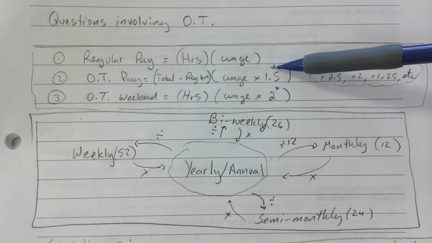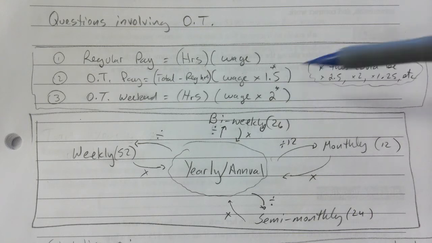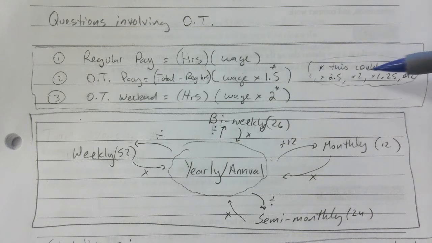However, look at that little star on top of 1.5 and 2. This could be 2.5, it could be 2, it could be 1.25. Read carefully. The question will tell you. But 1.5 and 2 are the most common ones you're going to encounter.